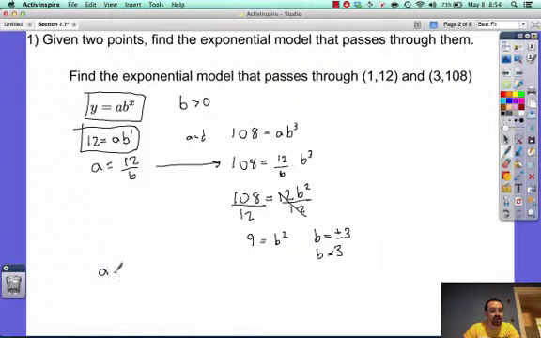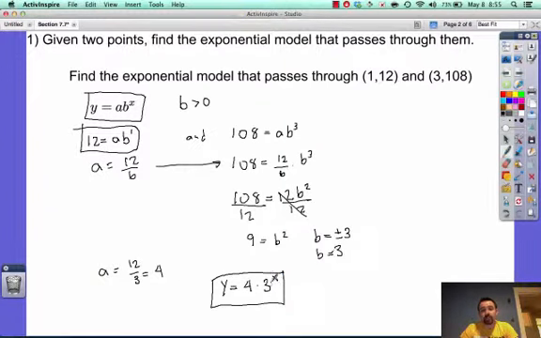So I have a equals 12 over 3, which is 4. So I know that a is 4, b is 3, y equals 4 times 3 to the x. This is the exponential function that has both the points (1, 12) and (3, 108) on its graph.